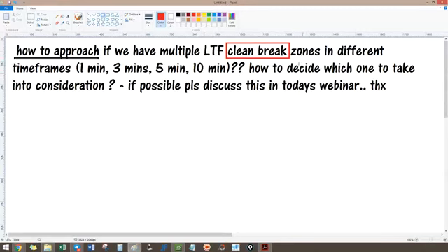If there are a lot of clean breaks in 1 minute, 3 minute, 5 minute, and 10 minute, how do we decide which one to take into consideration?